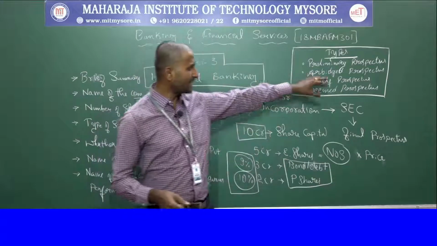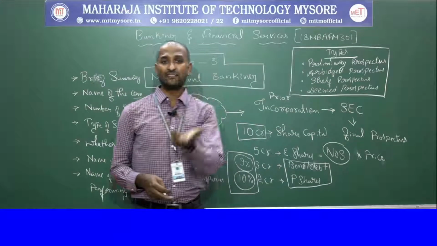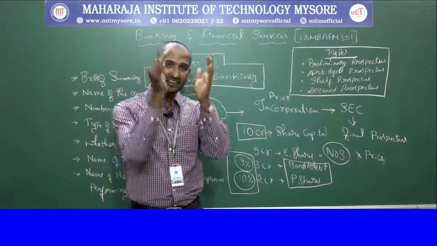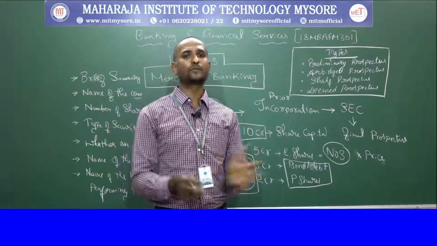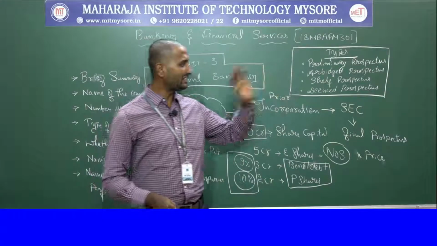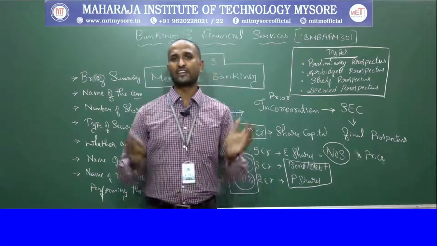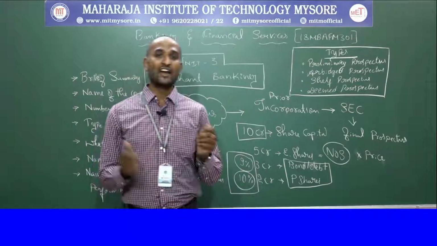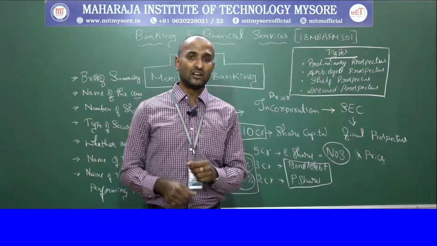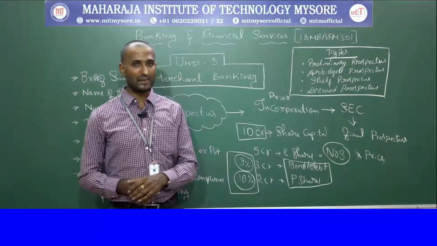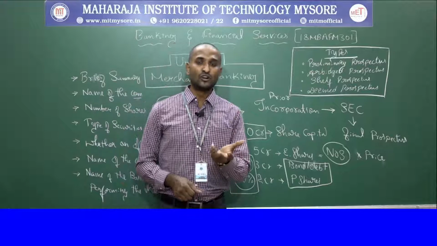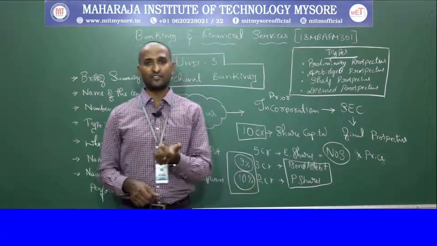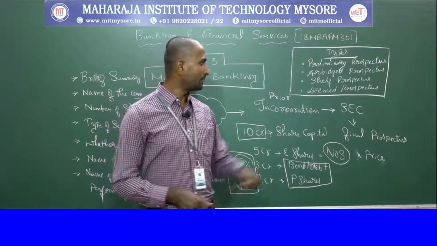For investors, instead of providing the detailed prospectus, it is better to provide the abridged prospectus, which summarizes the entire details and shows the better strengths of the company to the public. Therefore, it helps attract investors to invest in the company.